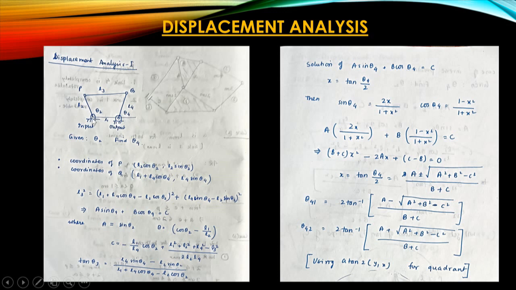Taking the input hinge as the origin, we find the coordinates of P and coordinates of Q. Now using the distance formula, we find the relation between the lengths of the links L3, L1, L4, L2, and convert it into the simplest form, A sin theta 4 plus B cos theta 4 equal to C. Now using the half angle formula, we find the angles theta 3 and theta 4.